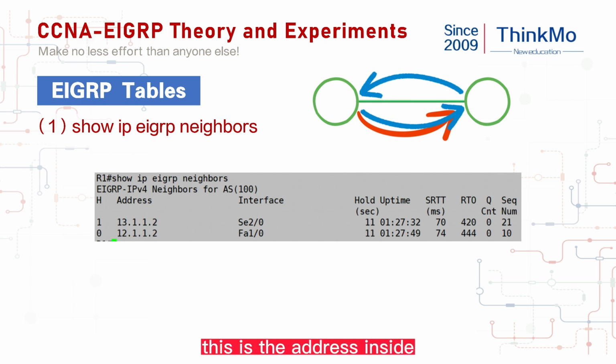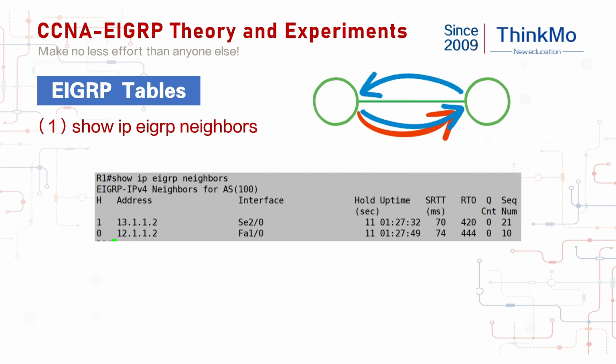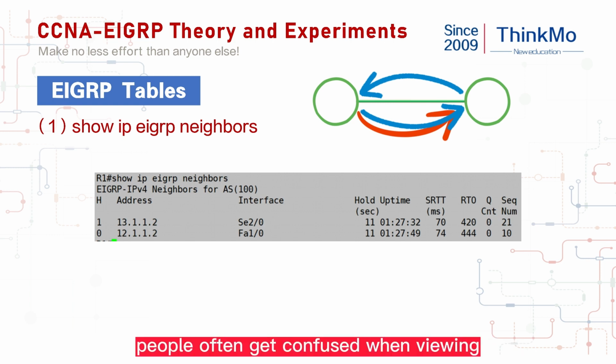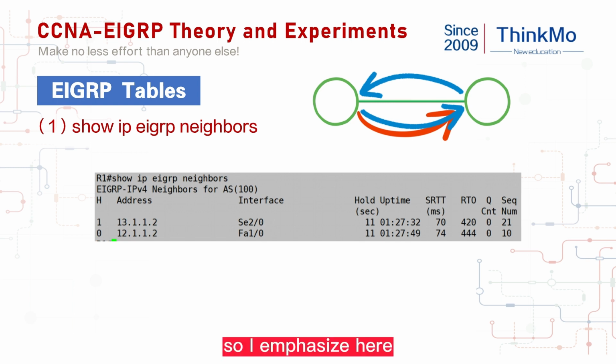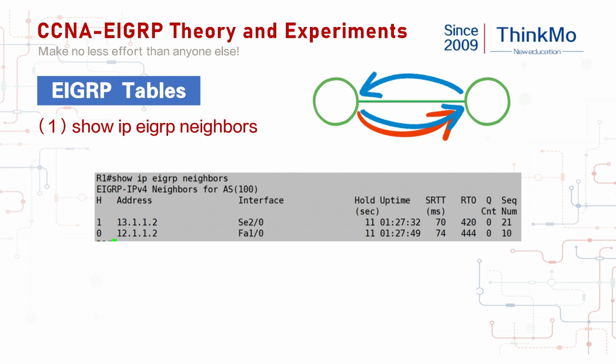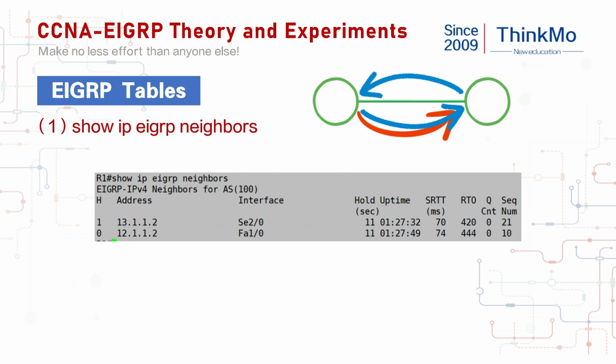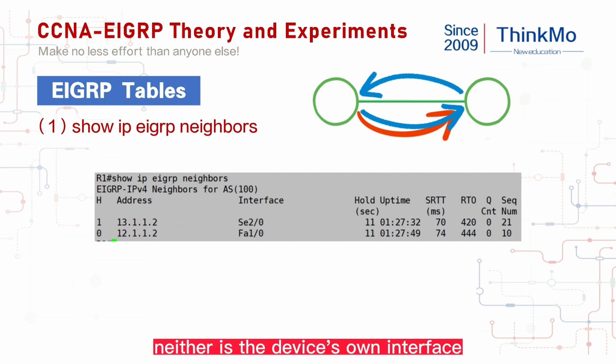This is the neighbor's address, instead of the address of the device's own interface. Due to the appearance, people often get confused when viewing, so I emphasize here that it is the neighbor's address, not the device's address. The interfaces are also the neighbor's, neither is the device's own interface.